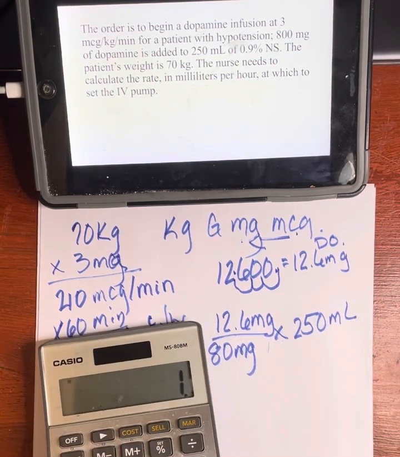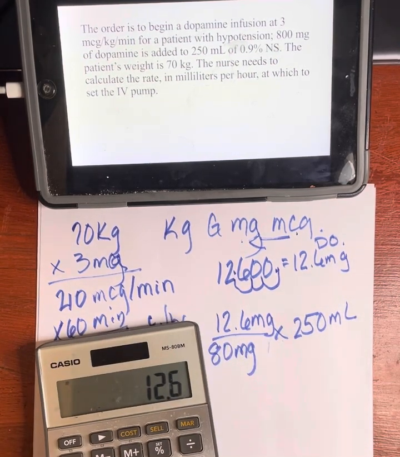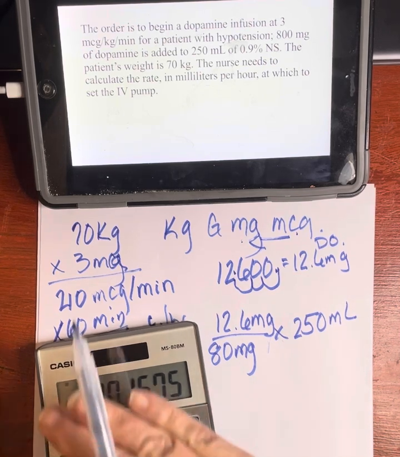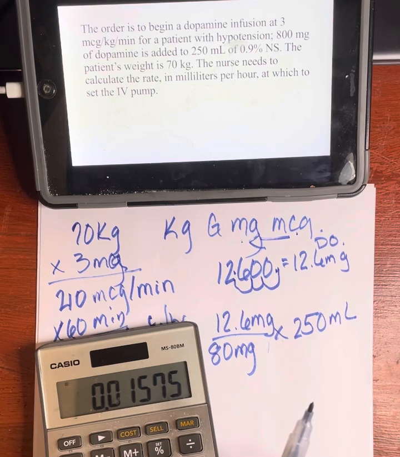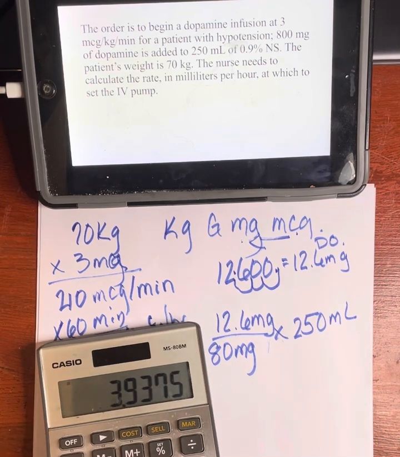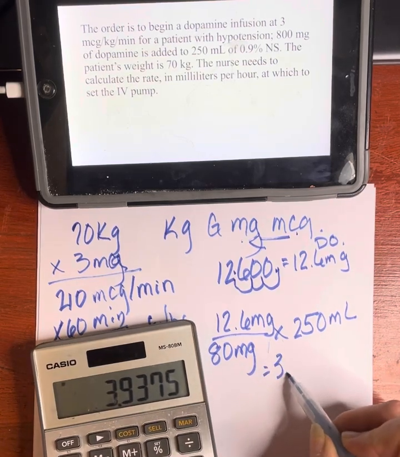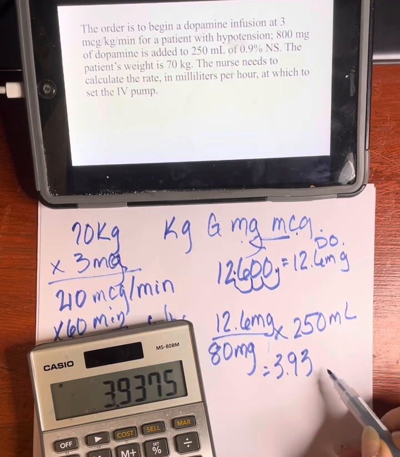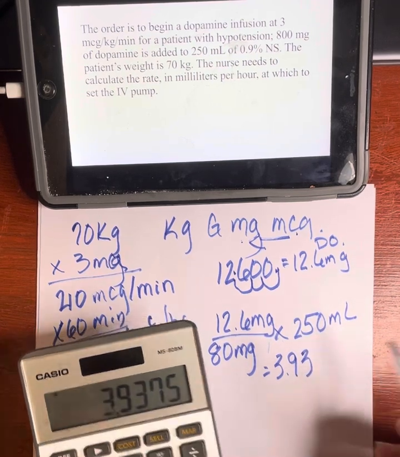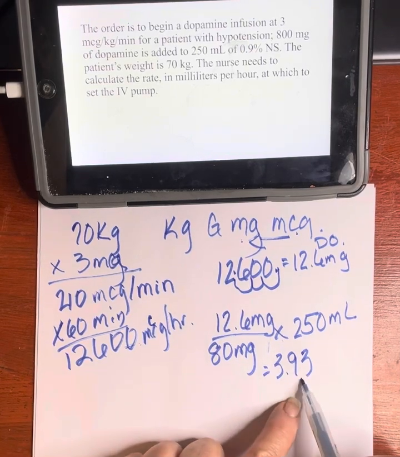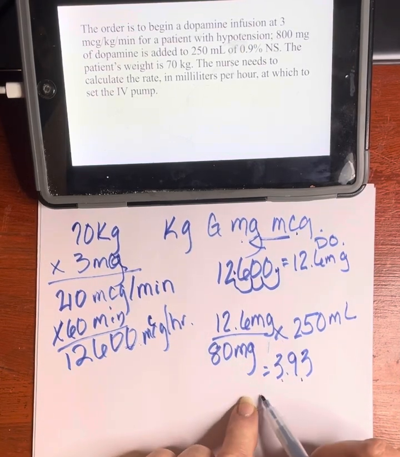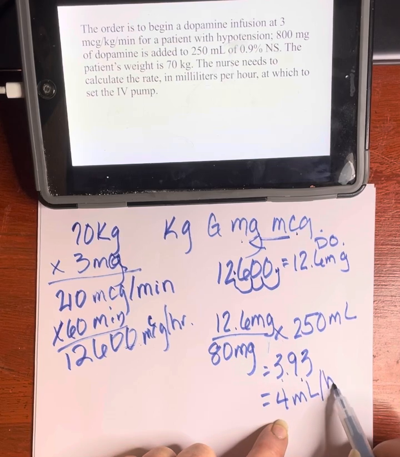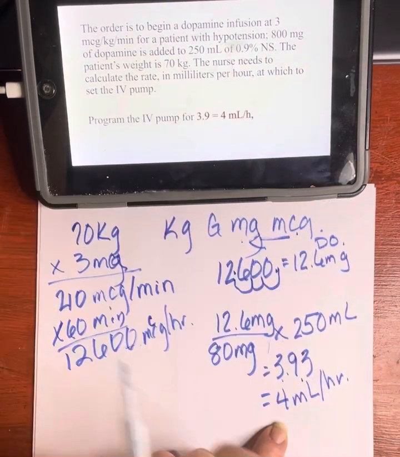Here we go. 12.6 divided by 800 equals, don't look, you're not done, times 250 equals, it will be 3.93. So you know that 9 is going to make that 3 a 4. And it will need to infuse at 4 milliliters per hour.